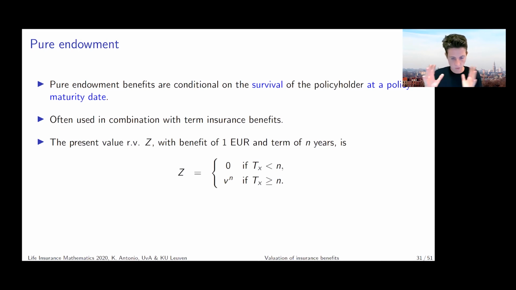So whenever I survive until the end of the policy duration, this pure endowment is going to pay me the €1 benefit at time n. So discounting from time n to time 0 then goes with the discount factor v to the power n.